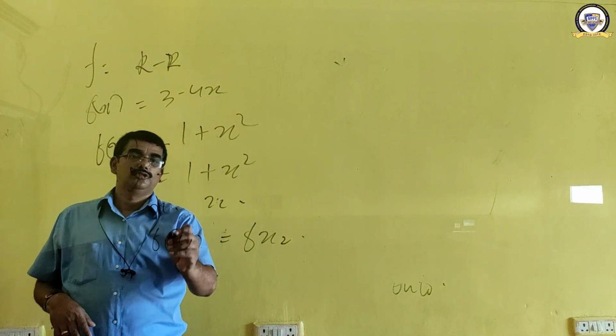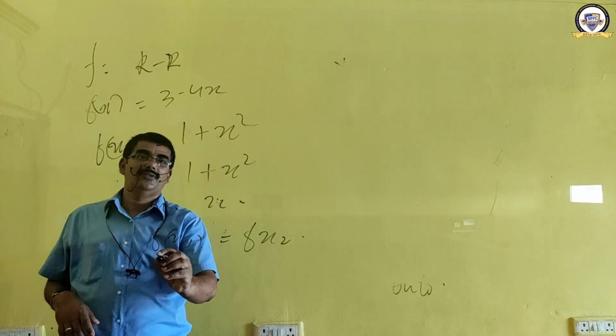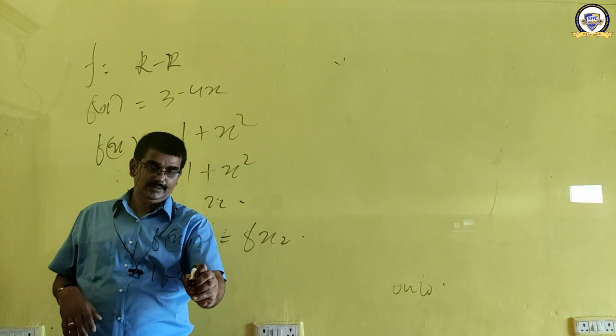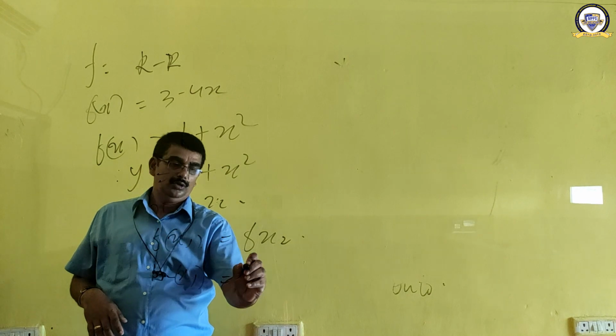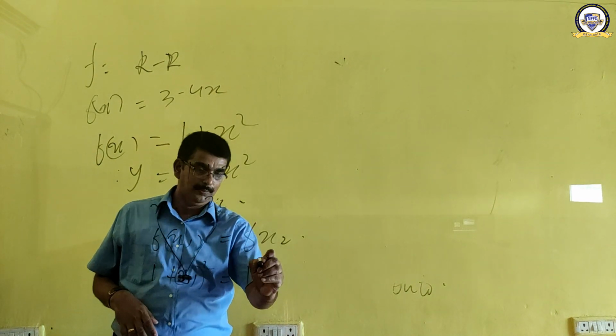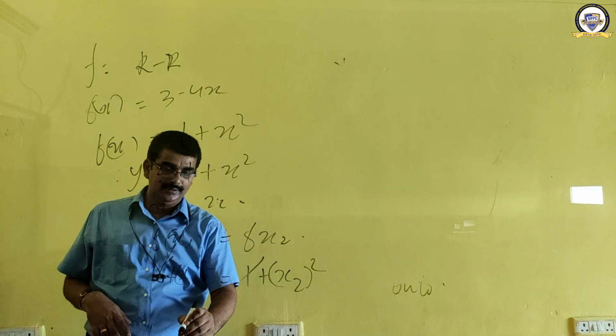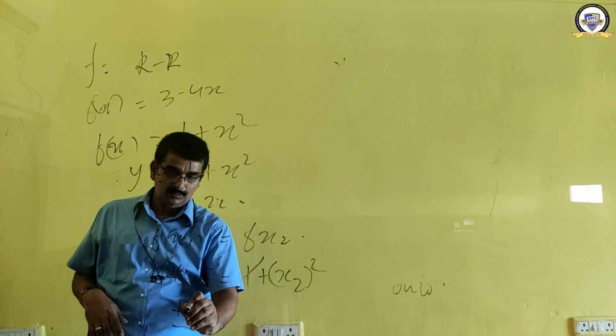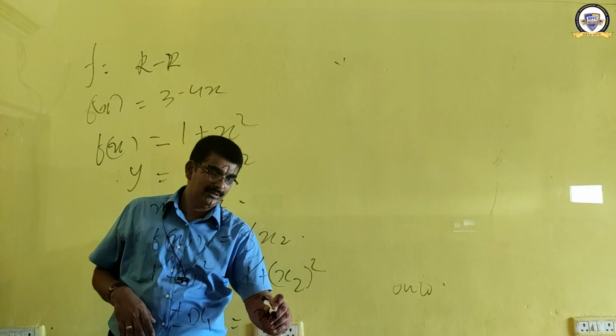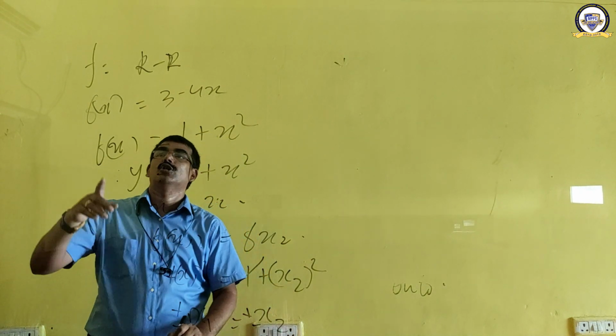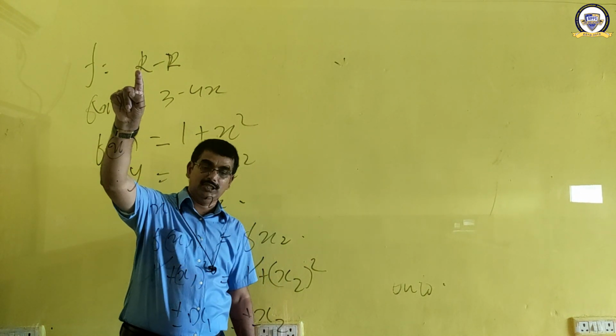So f of x1 is equal to 1 plus x1 square, equal to 1 plus x2 square, then 1 and 1 cancel. So this is plus or minus x1 equal to plus or minus x2. It is real numbers, positive and negative numbers will come.